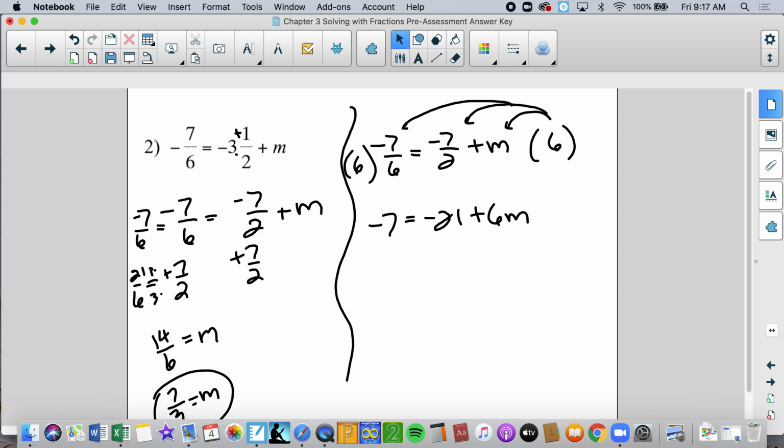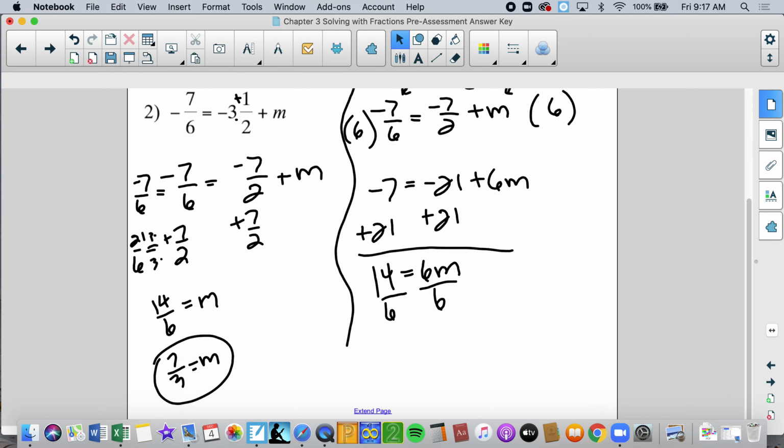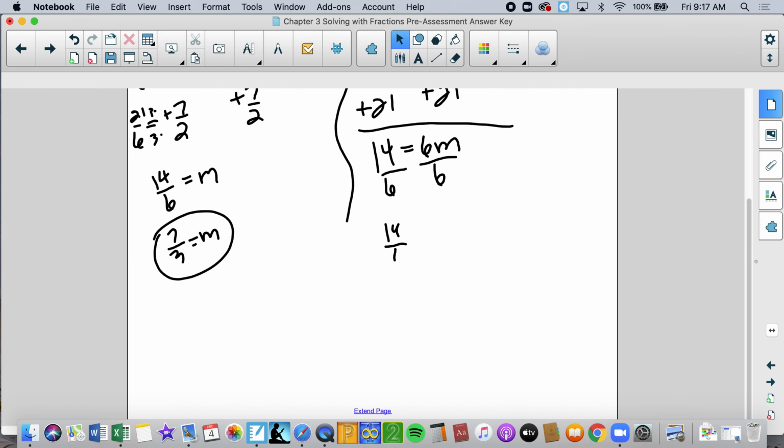I'm doing a little bit of the work in my head. Not very good. I'm skipping steps. But because I'm not expecting you to use this method, I'm going to expect you to use the left side method. And that is 14/6 equals m, or 7/3 equals m.